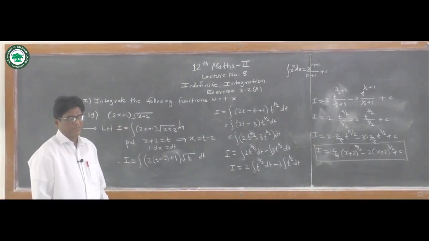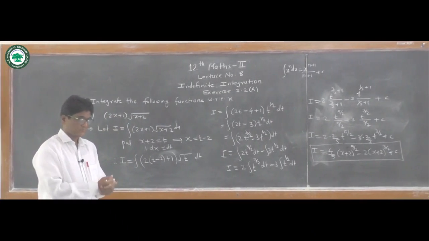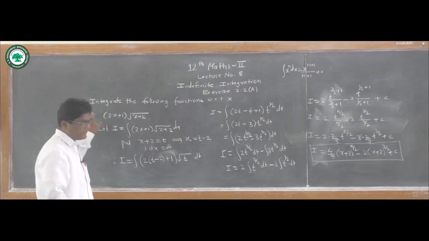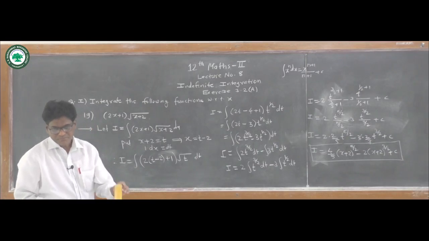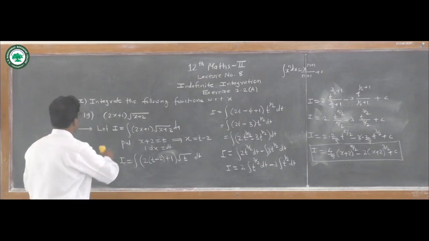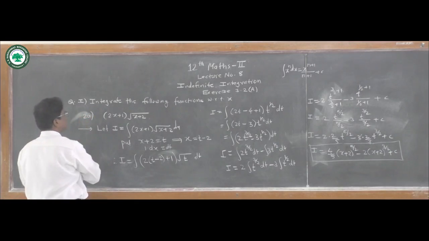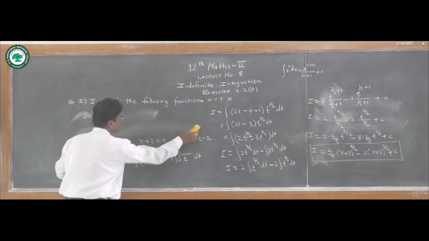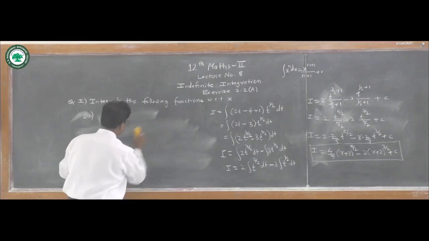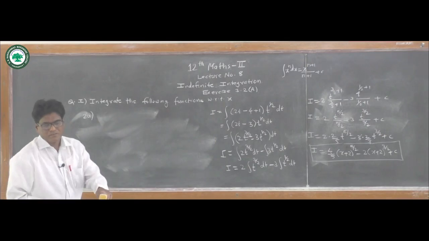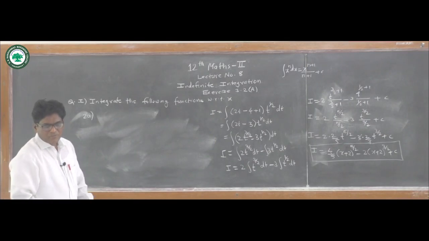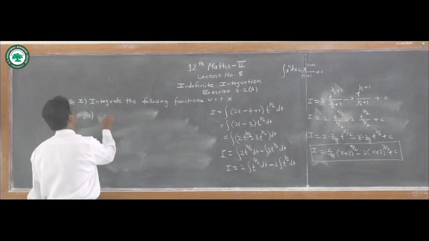Now here we see question number 20, and the problem is here: integration of x to the power 5 under root of a square plus x square.